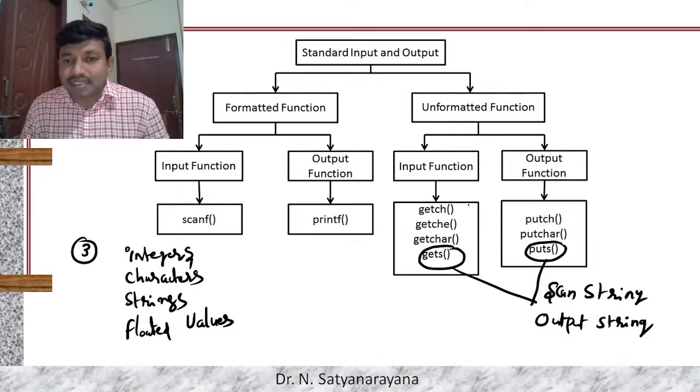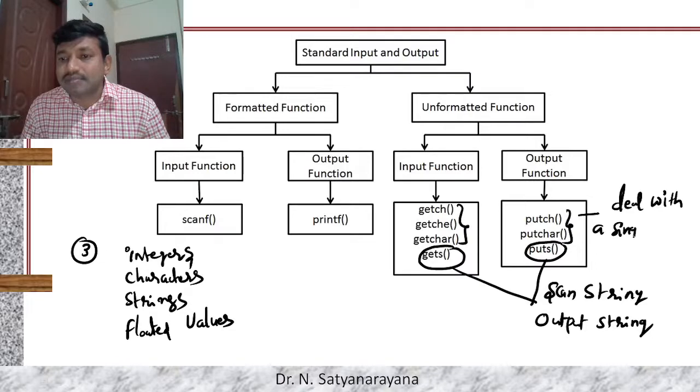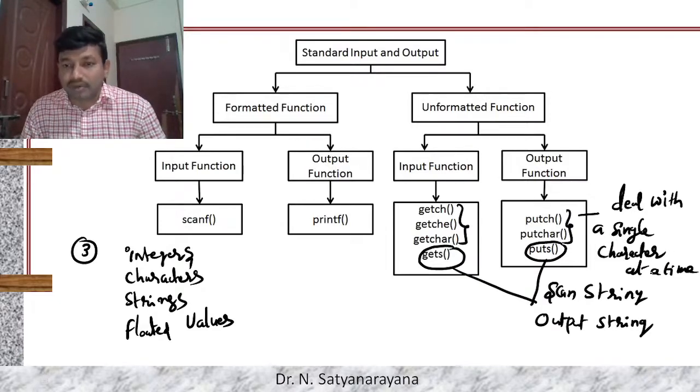Apart from that, the rest of these three character oriented functionalities only deal with characters, a single character at a time. This is also one more difference students can note down.